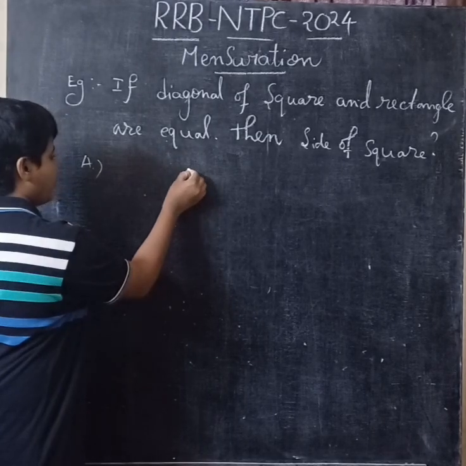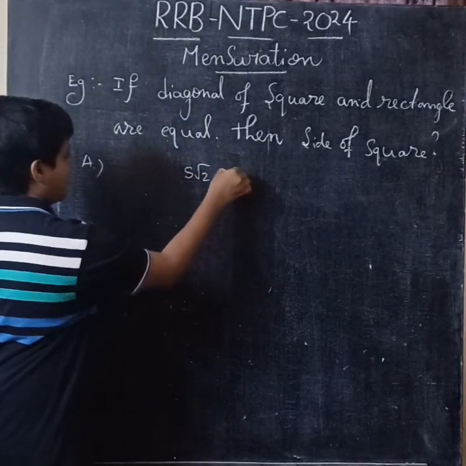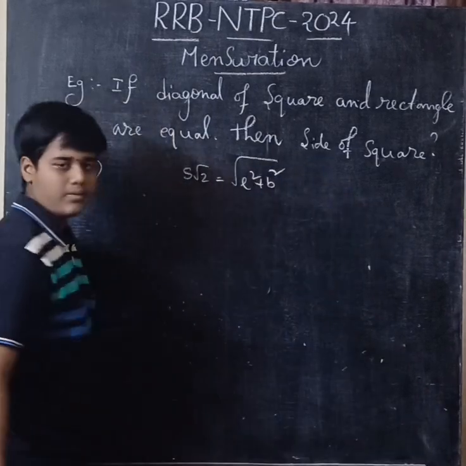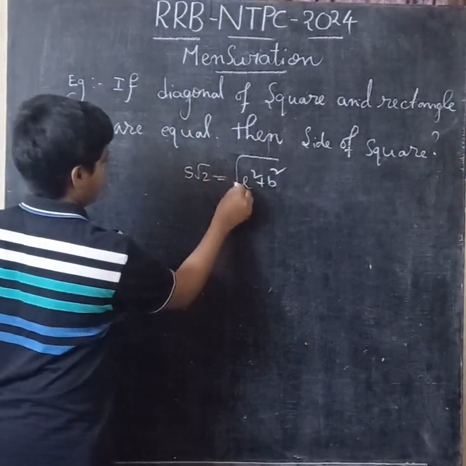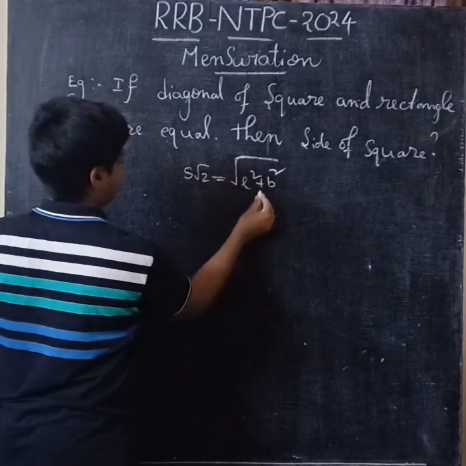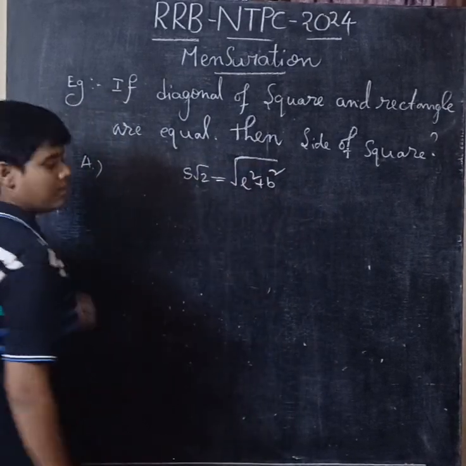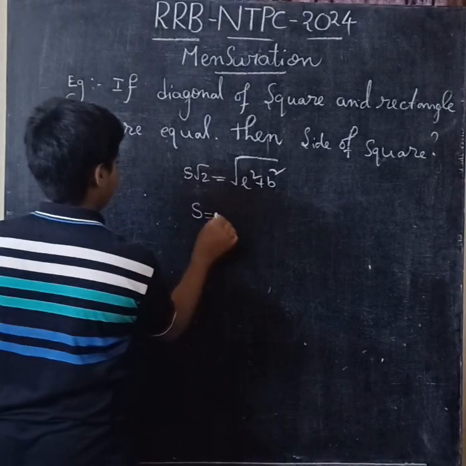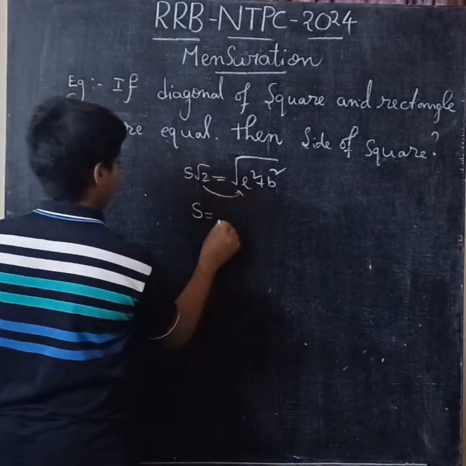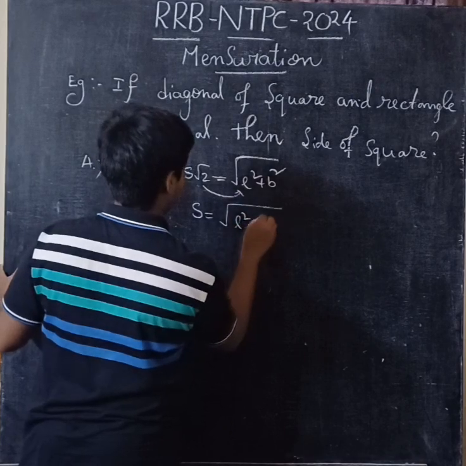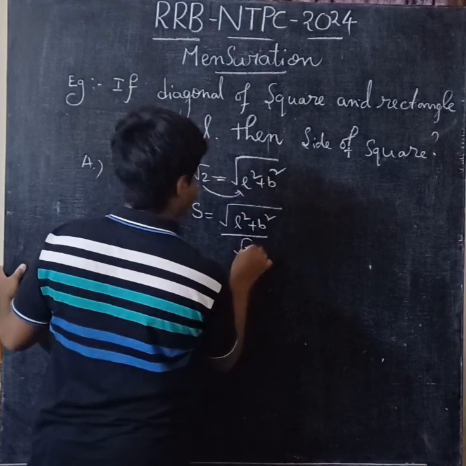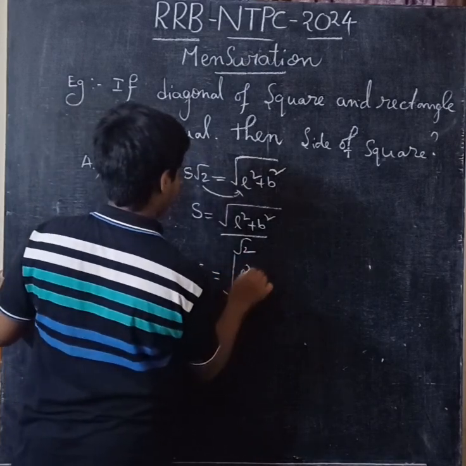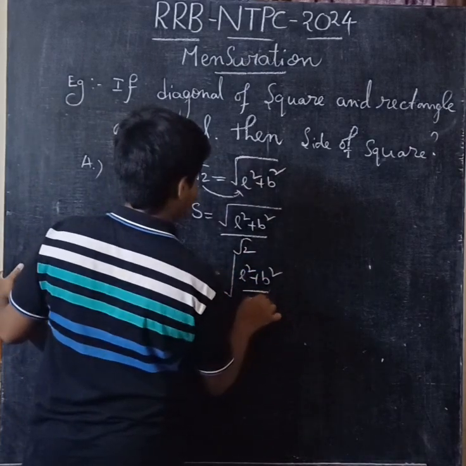So the diagonal of the square is S root 2, which is equal to root over L square plus B square. So this is the equating. This is the rectangle diagonal and this is the square diagonal. Both are equal, so we have to find S. If we transfer this term to this side, S equals root over L square plus B square by root 2. This is commonly written as S equals root over L square plus B square by 2.